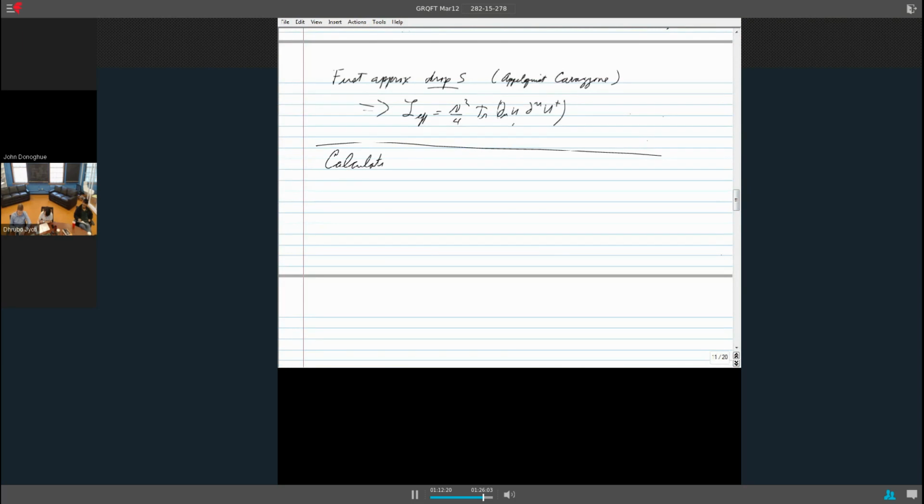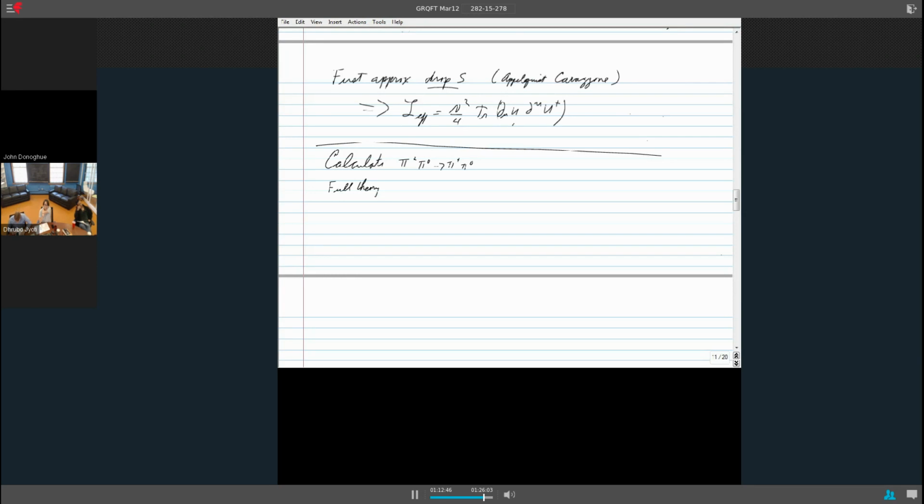By the way, I looked up Carazzone, and I think it's spelled with two Z's. If I do that, I just say I'm not interested in the S at all. It's a heavy particle. I don't want to deal with it. I end up with my effective Lagrangian.